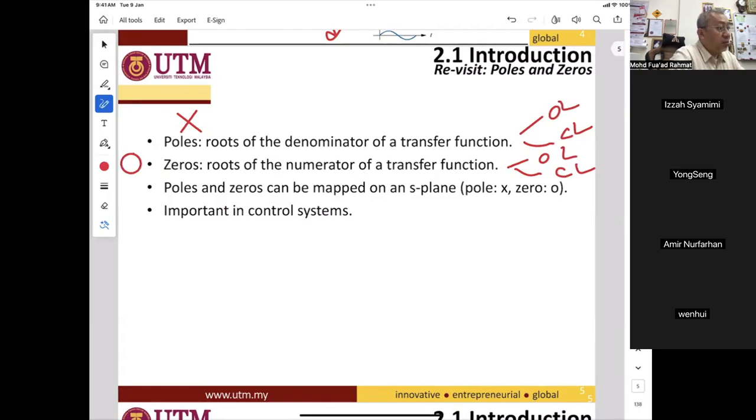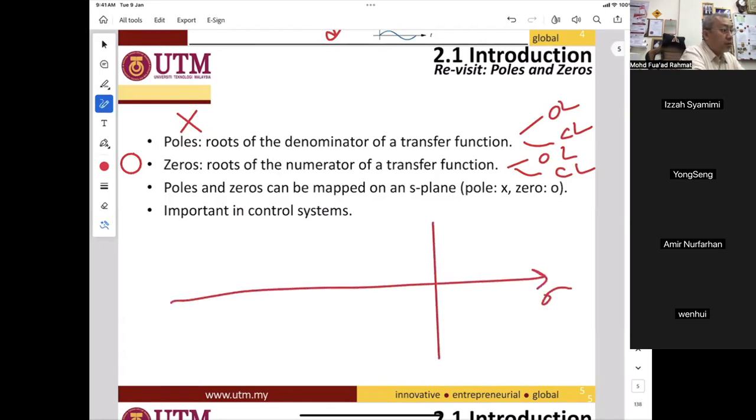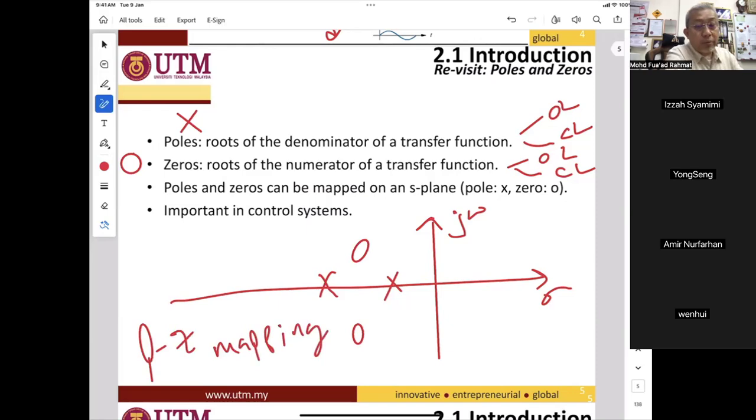And poles and zeros can be mapped together on the S-plane, where we map the poles and zeros probably over here, over here, over here. And this we call PZ mapping, poles and zero mapping on S-plane.